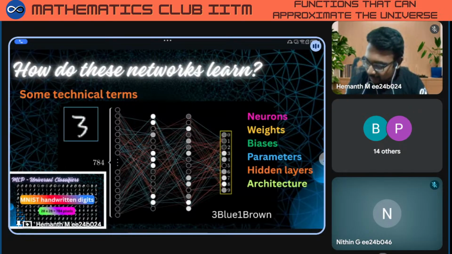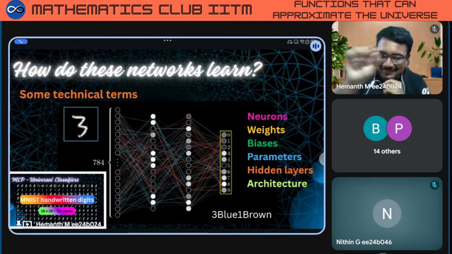It has 784 input neurons and 10 output neurons. I took this image from the famous 3Blue1Brown channel, where he has an excellent playlist on neural networks. Do check that out after this session. You'll get a deep understanding of the whole thing. This was just an introductory session.